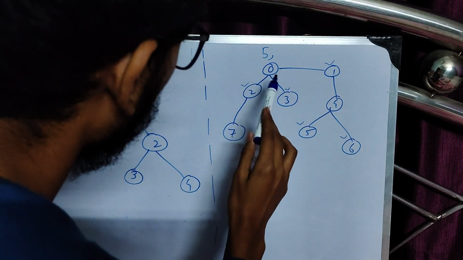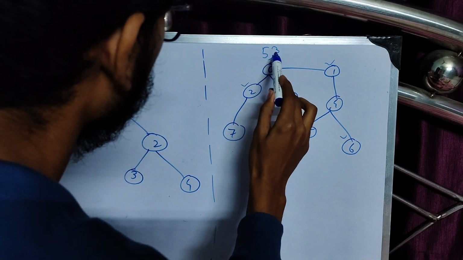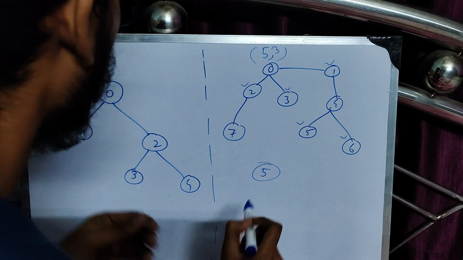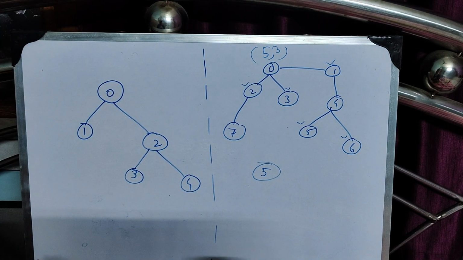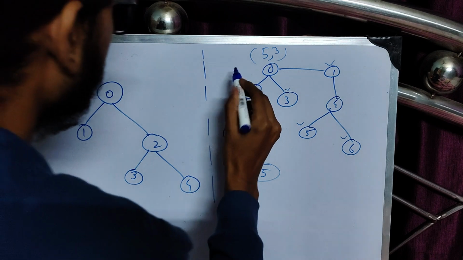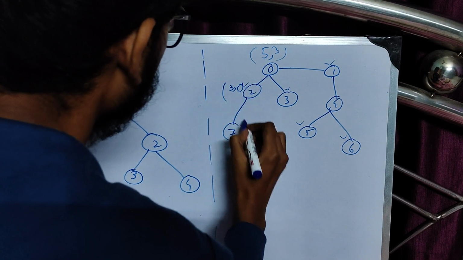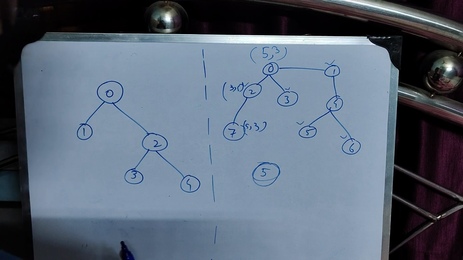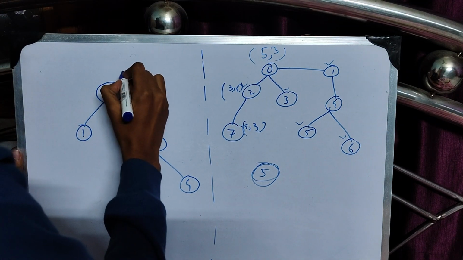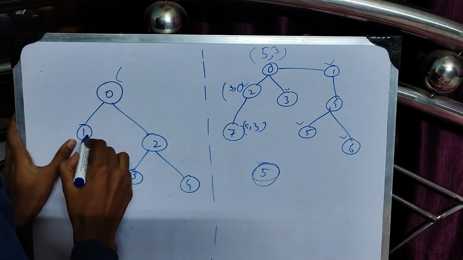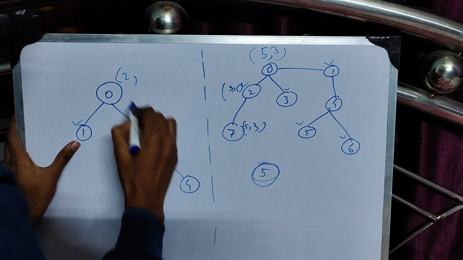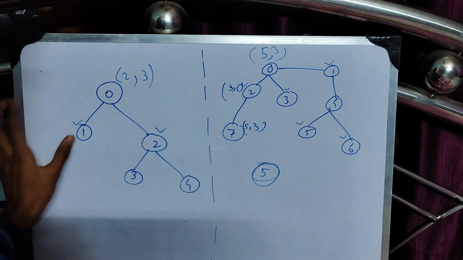How many even? 1 2 3 even. So if I take the maximum of this, 5, you need to add 5, because for this one it will be 3 comma 5, for this one it will be 5 comma 3, like this. So the maximum will be 5. And for this one the number of odd targets is 1 2, and the number of even targets is 3.